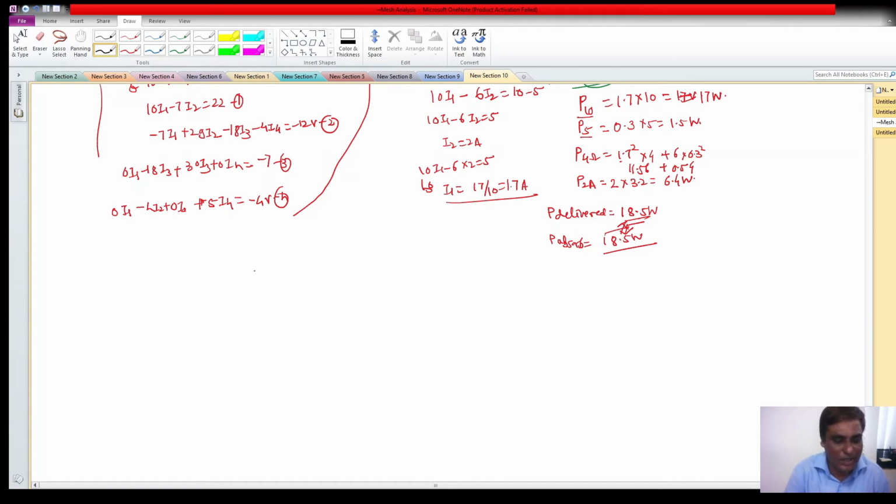Now next we will see what if the current source is present in the common branch of the mesh, because there are two possibilities, either in the outermost branch or in the common branch of the mesh. Suppose this is my resistor, then battery, then there is 4 ohm, and this is my current source, direction like this, then 6 ohm, polarities like this.